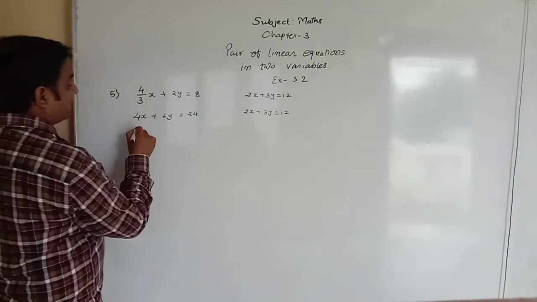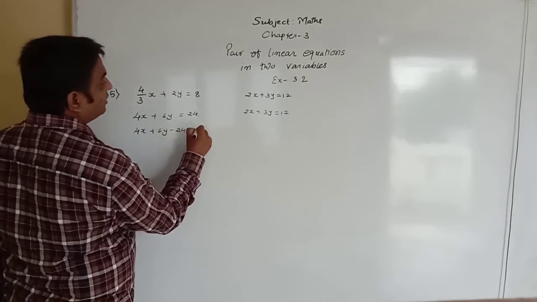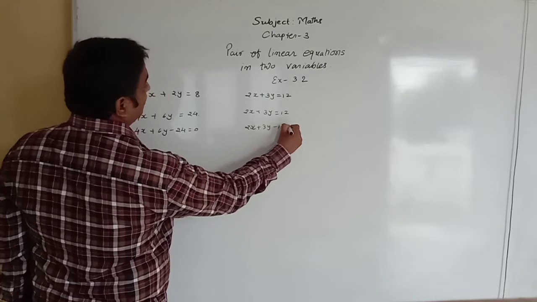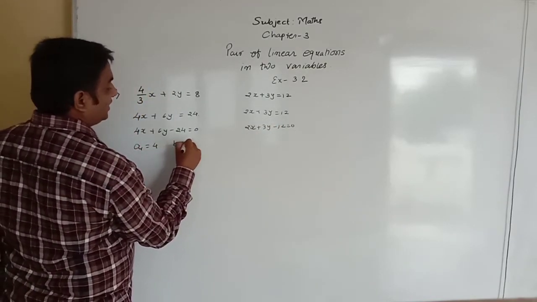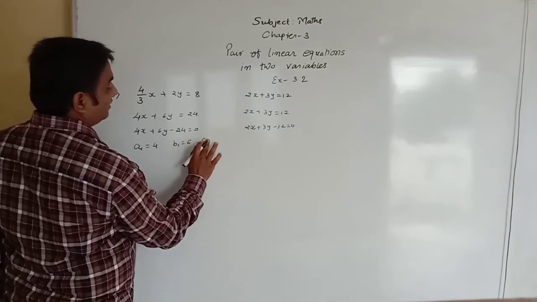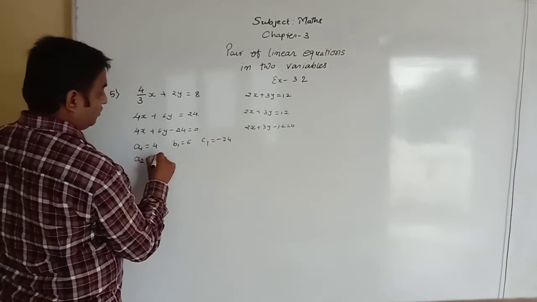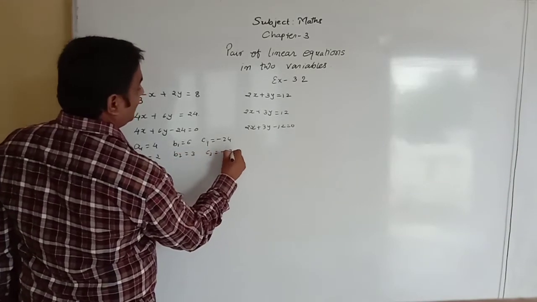So we write the standard form: 4x plus 6y minus 24 equals 0, 2x plus 3y minus 12 equals 0. So a1 equals 4, b1 equals 6, c1 equals minus 24, a2 equals 2, b2 equals 3, c2 equals minus 12.